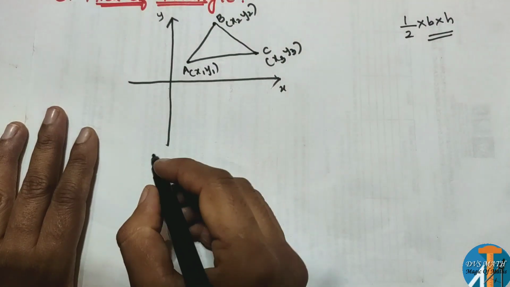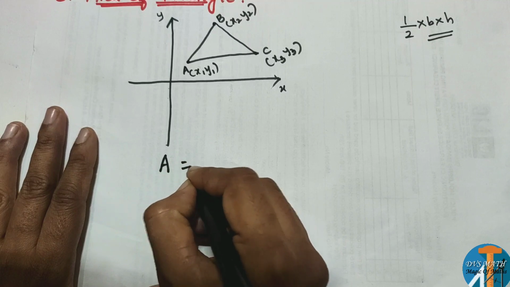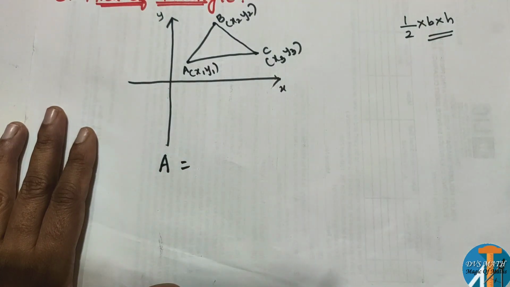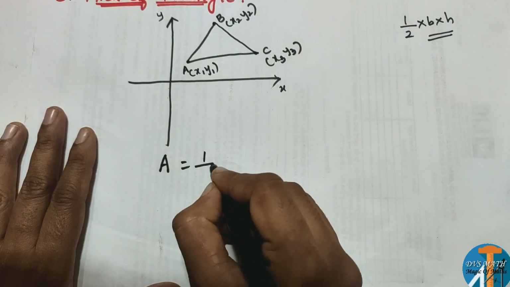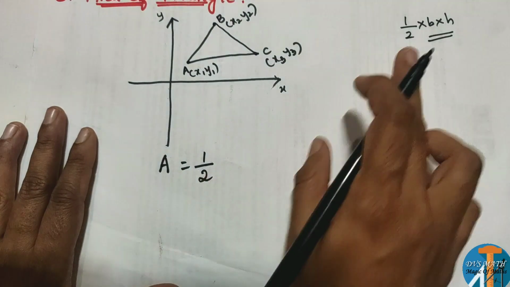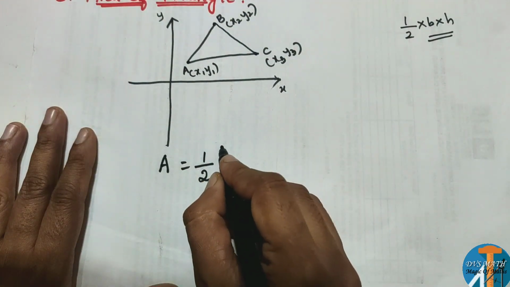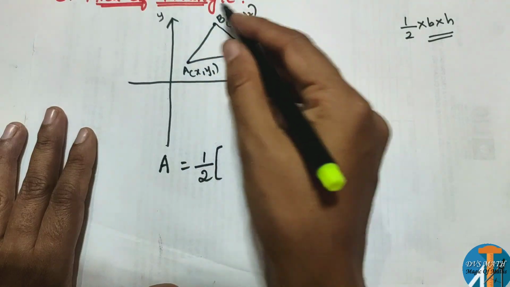Observe the formula. A, that is the area of triangle, is equal to half, as it is, into all these coordinates.